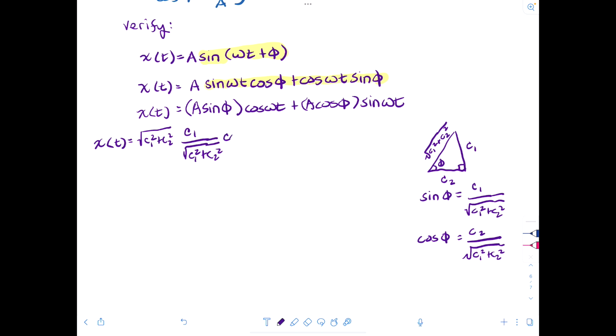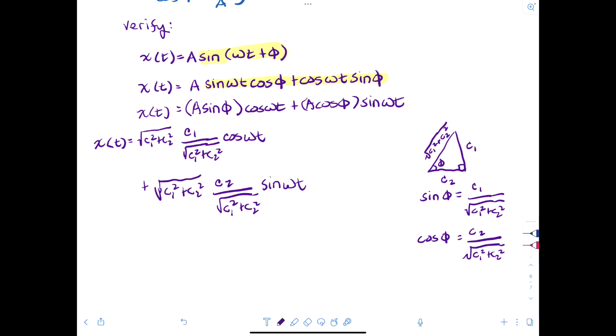And then we have times cosine omega t, and then I'll do the other one down here, plus A, which is the square root of C1 squared plus C2 squared, times cosine phi, which is C2 over the square root of C1 squared plus C2 squared, and then times sine omega t.